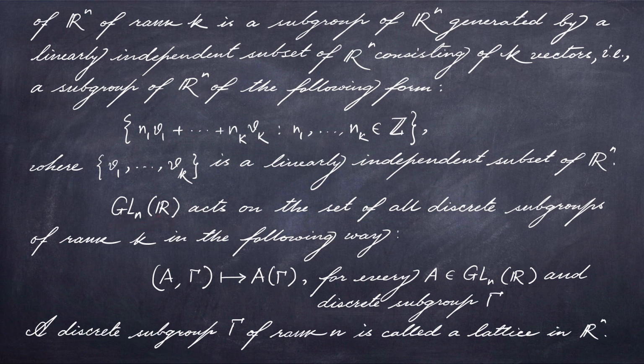And we have the action of the general linear group on the set of all discrete subgroups of rank k, for any k.